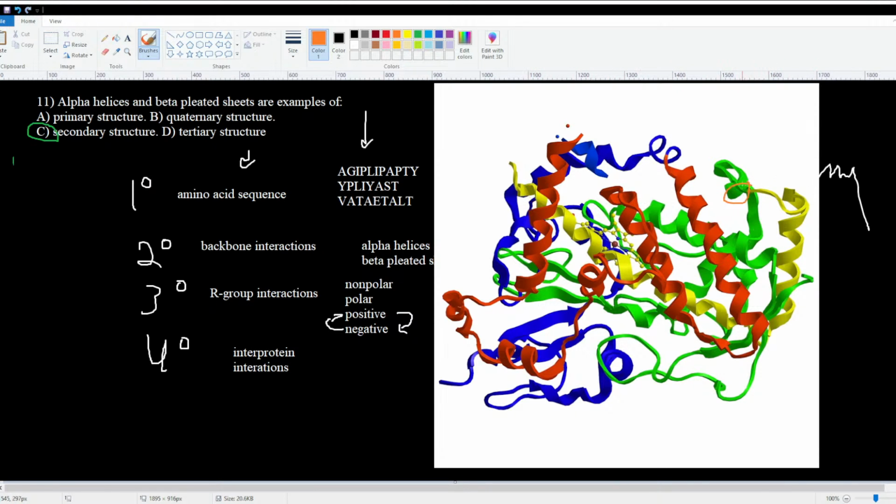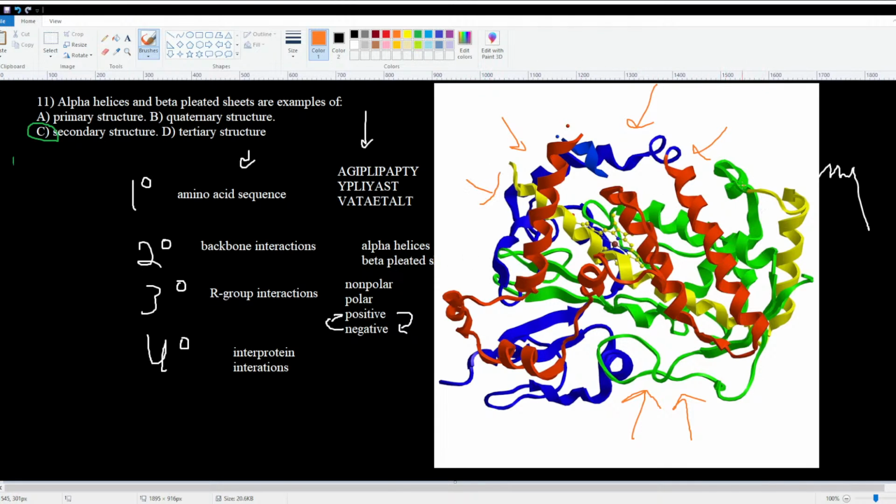They're kind of folding in on themselves, and this protein will always, within a certain temperature and pH, fold like this. And what determines this? The R groups. The R group interactions determine this. And a protein will function in this conformation, right?